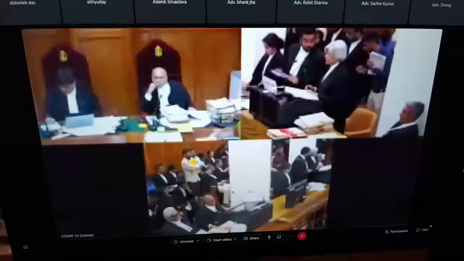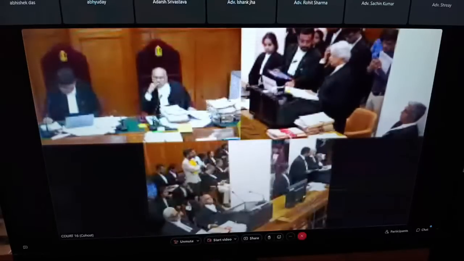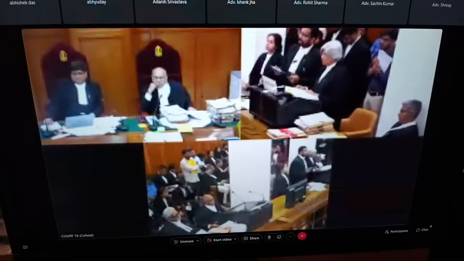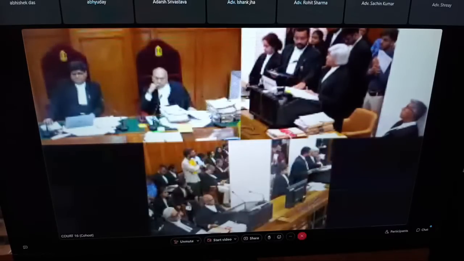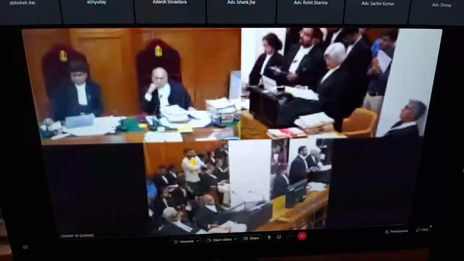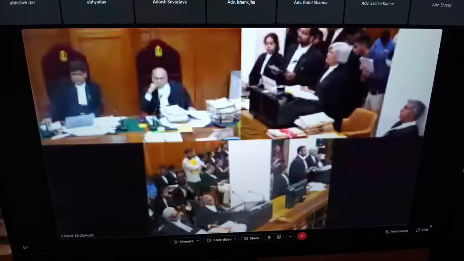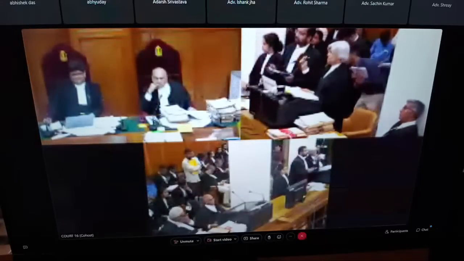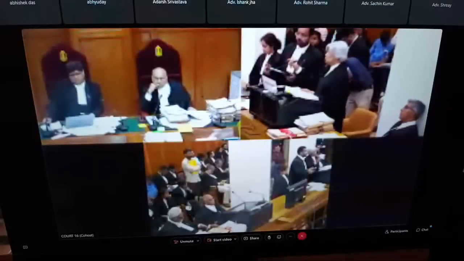Now, my lords, the writ petition before the court was filed prior to Divesh Sharma. My lords will find that it was filed on 30th of May 2023. It's before the Chhattisgarh High Court. Yes, my lord. It was challenging the notification and the rules, and the rule in particular.